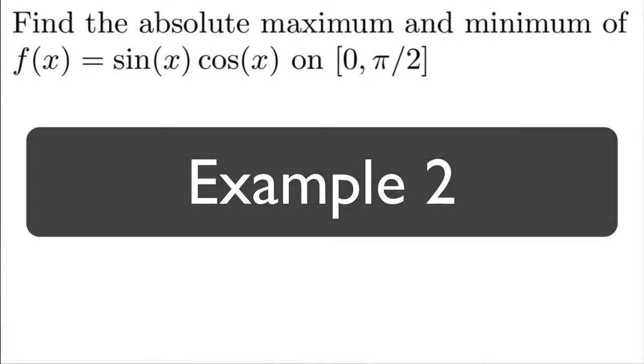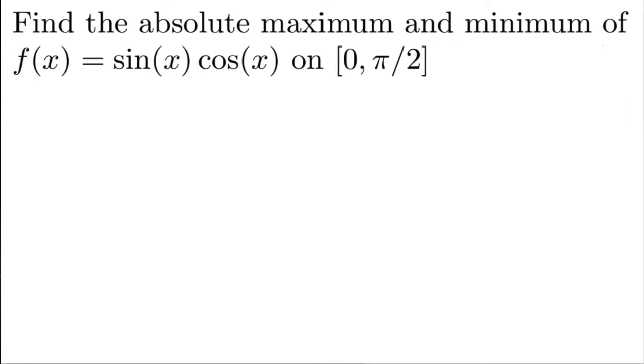Okay, so here we're trying to find the absolute maximum and minimum of this function, sine of x times cosine of x, on the interval from 0 to pi over 2. First step, remember, is to find the critical points. So that means I have to find the first derivative. I have to use the product rule.